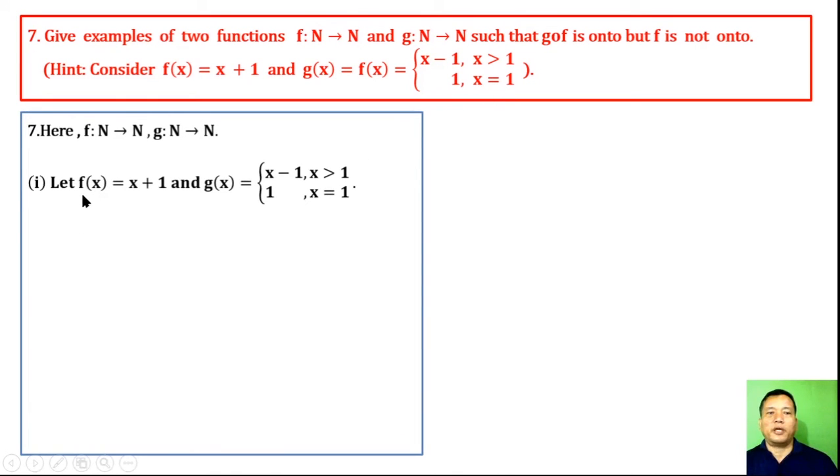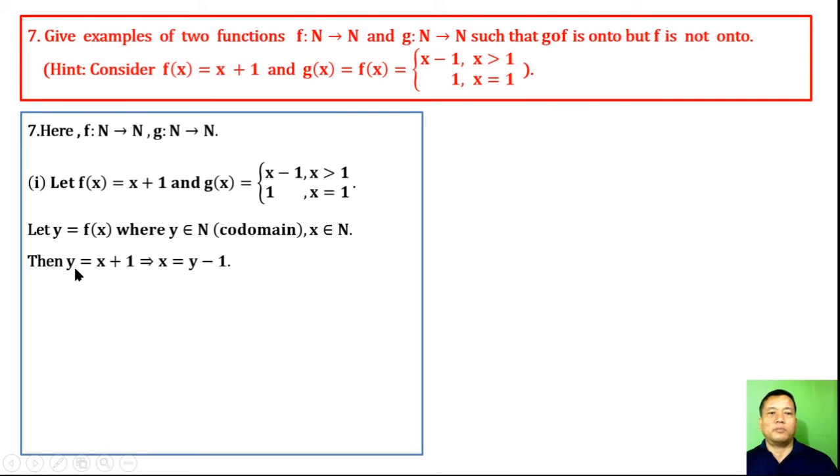First, let f of x equal to x plus 1 be the function in the example, and g of x is x minus 1 when x is greater than 1, and 1 when x is 1. Let y equal to f of x where y belongs to N, for domain x belongs to N. Then y equals f of x, that is x plus 1.